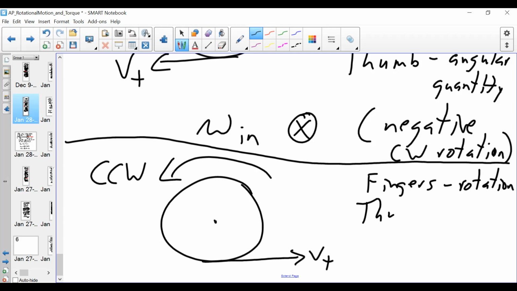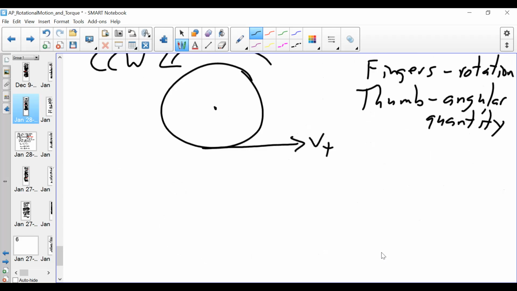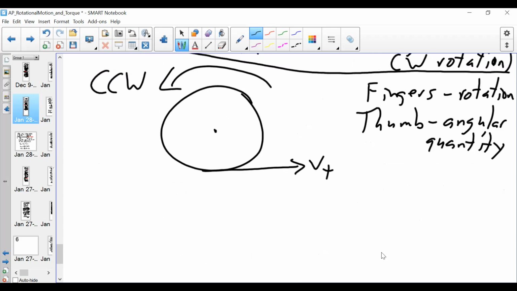Your thumb, once again, is the angular quantity. And this may be a little bit easier. You curl your other four fingers, not your thumb, in the same direction as this arrow. You will notice that your thumb points out. That's the positive direction of angular velocity when it's a counterclockwise rotation.